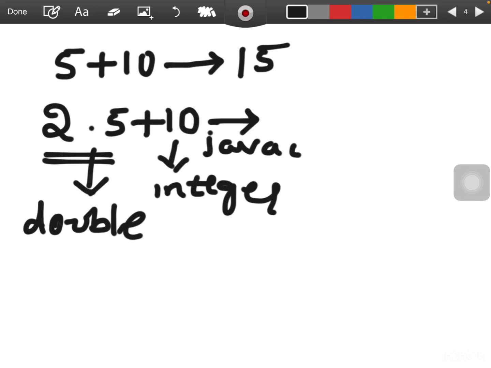So we have to perform typecasting. Here we have to convert the smaller data type to the larger data type. This is auto widening, as we discussed earlier.